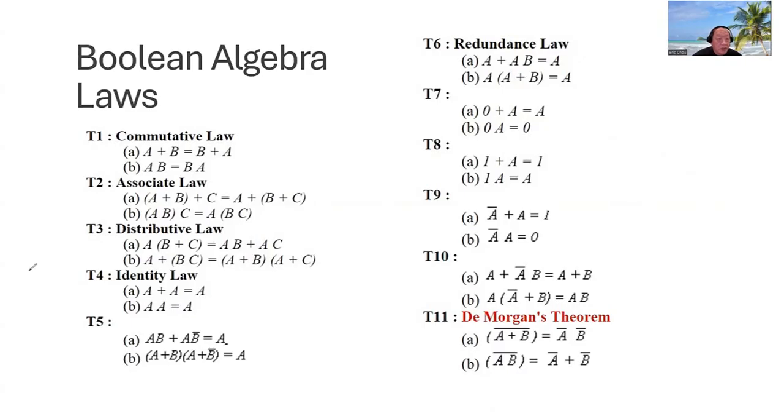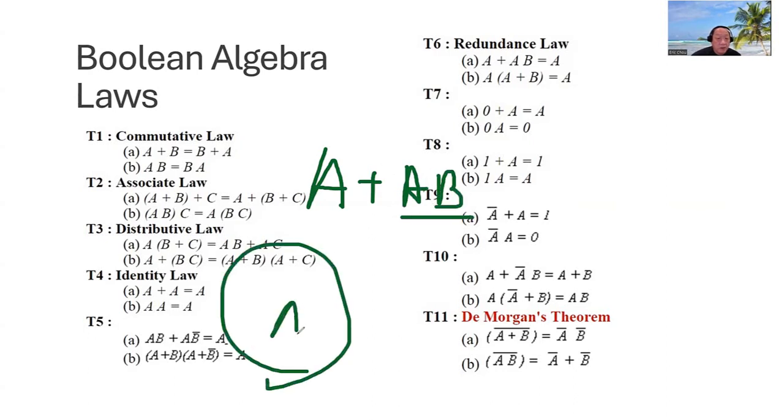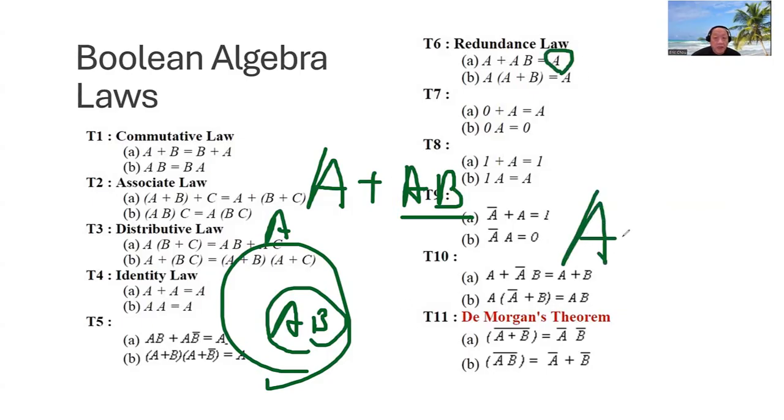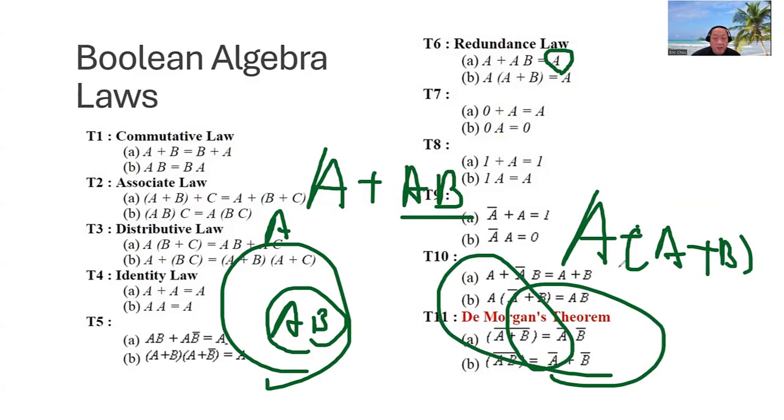Okay, next one we have the so-called redundancy rule. So A or AB, we already talked about it. AB is smaller than A, is inside A, no matter what. So A or AB equals A because A is a bigger set. And A and A or B: A or B is a bigger set, A is inside the A or B. So when you AND, we pick the smaller one.